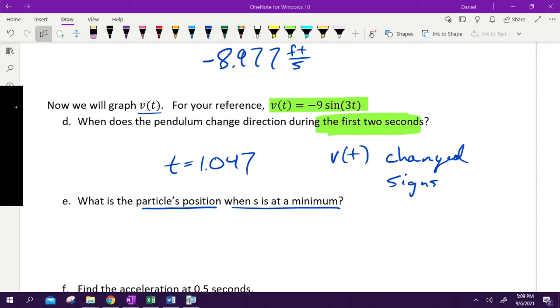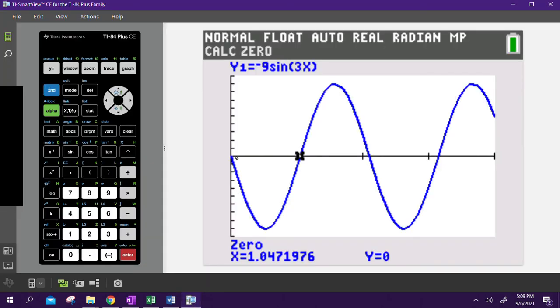When is my ball at a minimum? Well, this right here, it's moving backwards because velocity is negative. It's moving backwards, moving backwards, moving backwards, then moving forward. So right there is when it's at a minimum, right? So that's the value we want.